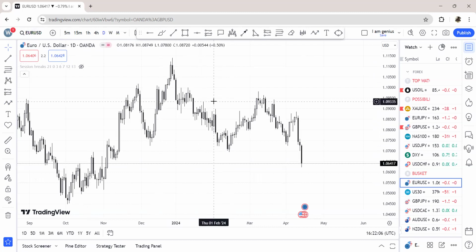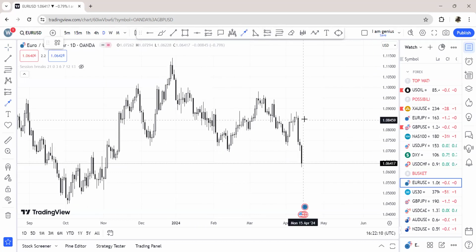But then you have to take note. You notice that the way this market moved from this point here all the way to that level there, it didn't make any correction. By correction, I just mean the market did not make any of these retracements.